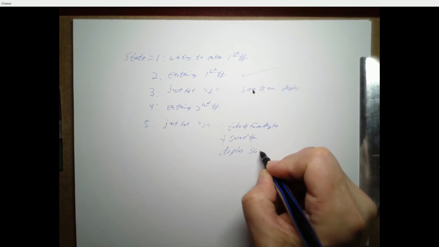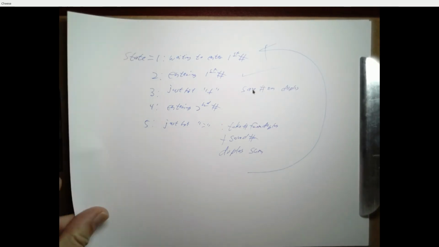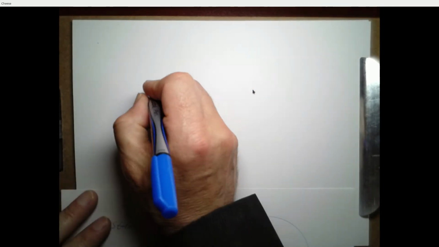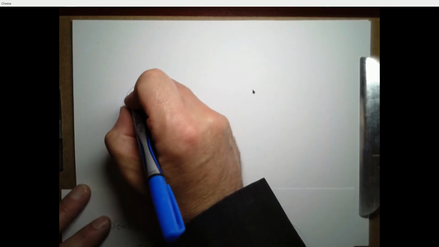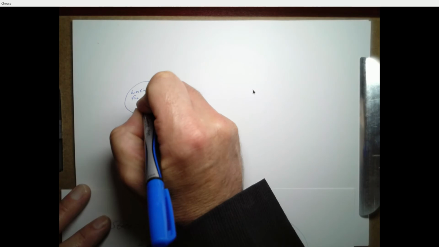And you should display the sum and go back up to the beginning. So how does this look as a state machine? Here's our state. Waiting for the first number.